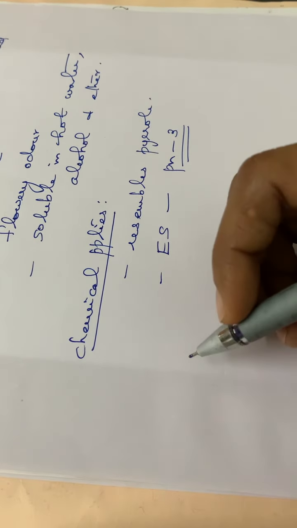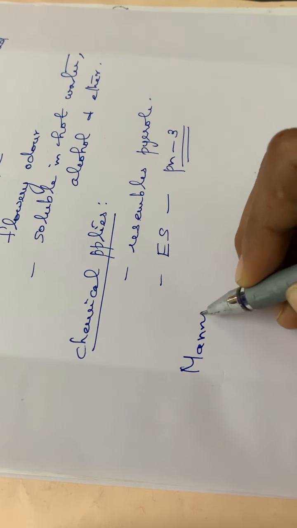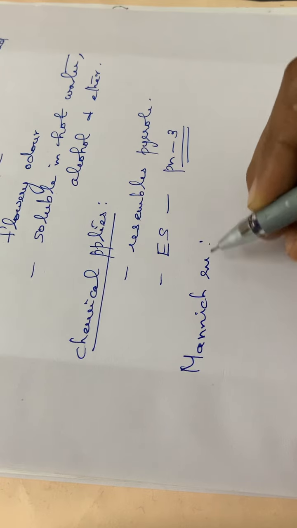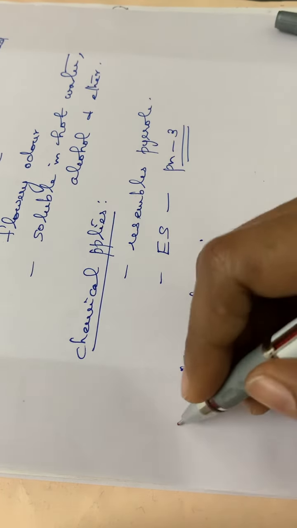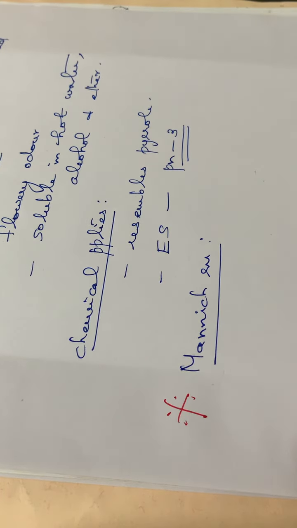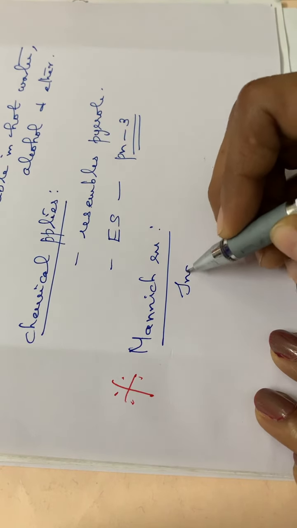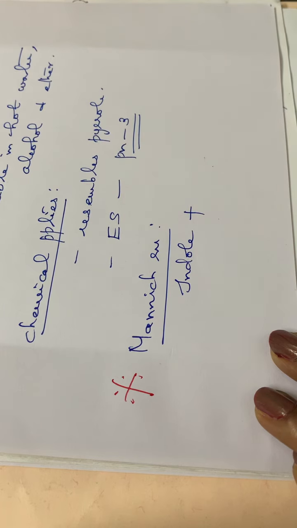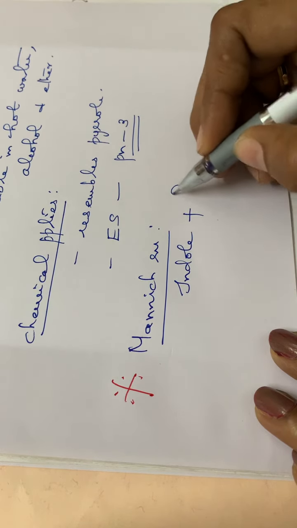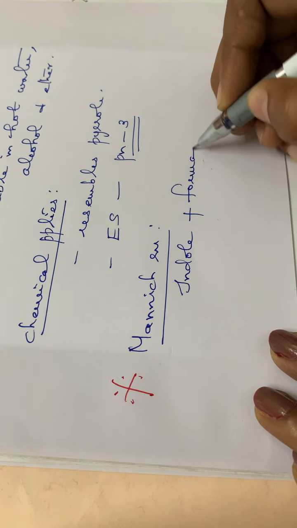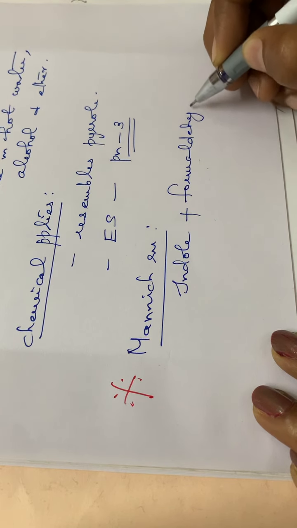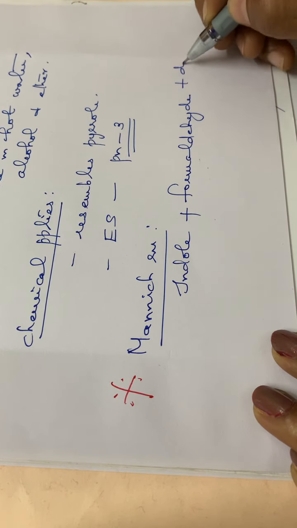Then the first reaction, that is the Mannich reaction. This is a named reaction, it is very important. The Mannich reaction is indole plus formaldehyde plus dimethylamine.